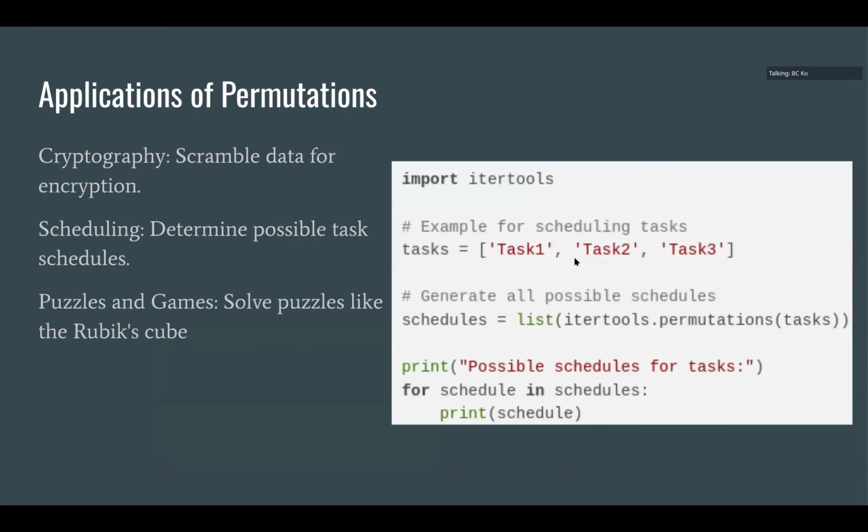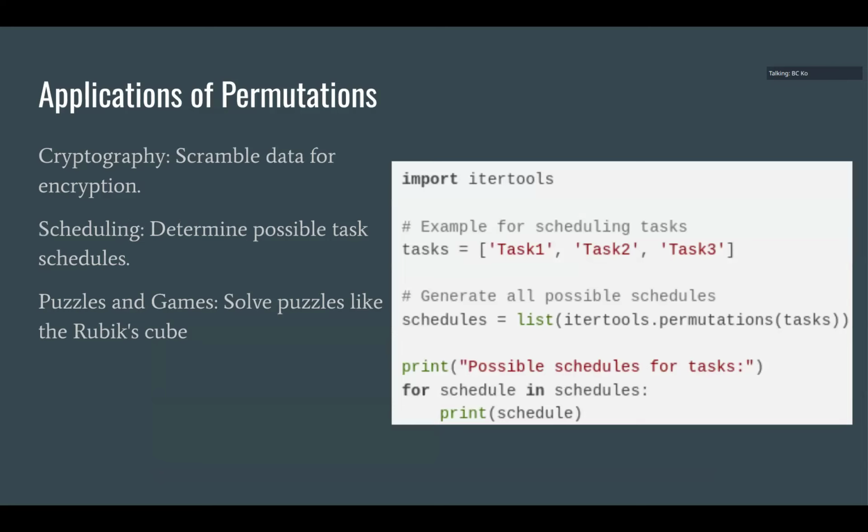Applications of permutations. So permutations have many real-world applications. In cryptography, permutations are used to scramble data for encryption, making it secure and difficult to decipher without the key. In scheduling, permutations help determine all possible ways to arrange tasks, therefore ensuring optimal resource allocation and efficiency.